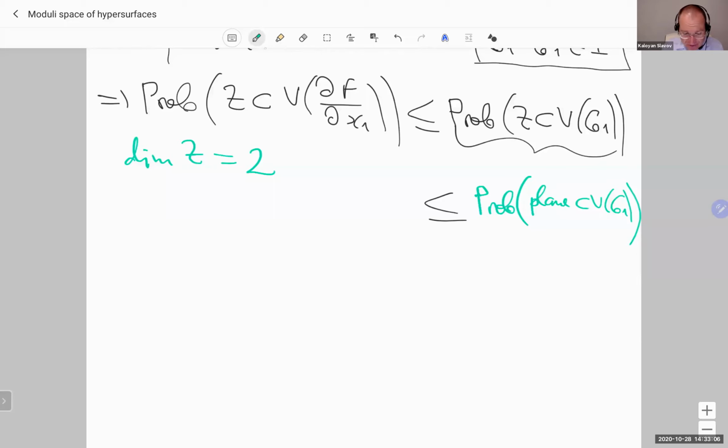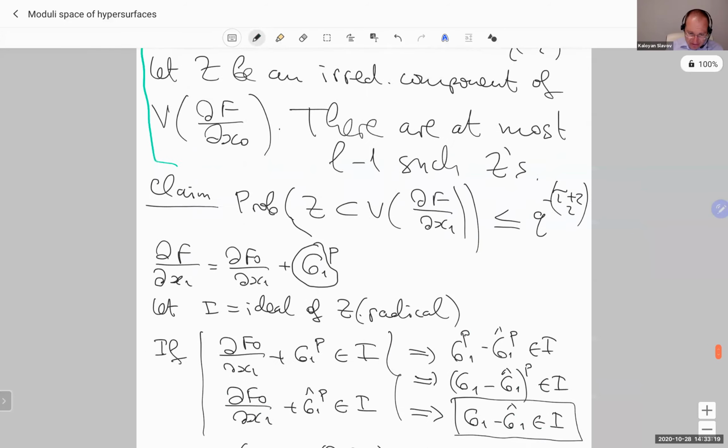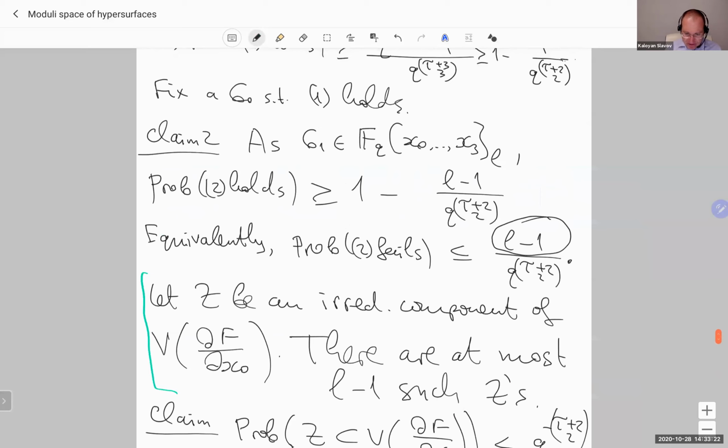And when you compute this, it's very easy to compute that. You get q to the minus (tau plus 2 choose 2). That's how you get the tau plus 2 choose 2. Okay, perfect. So now we have here the probability that 2 holds.